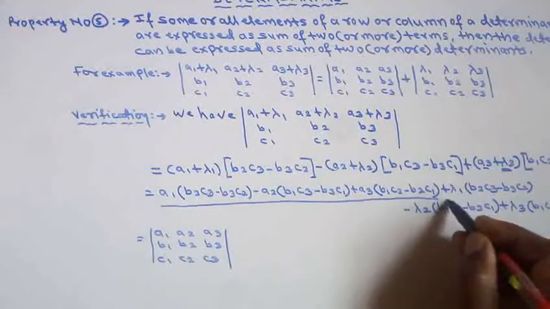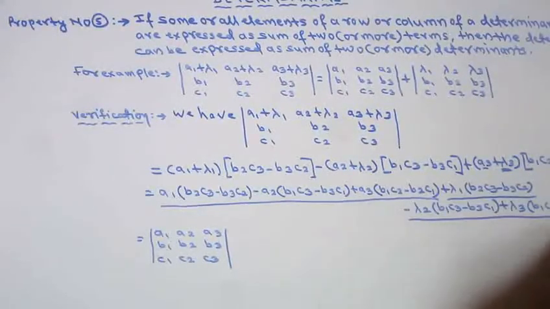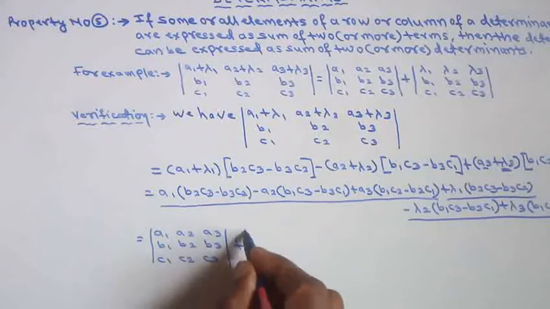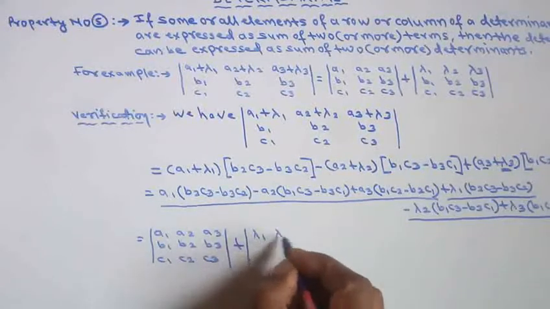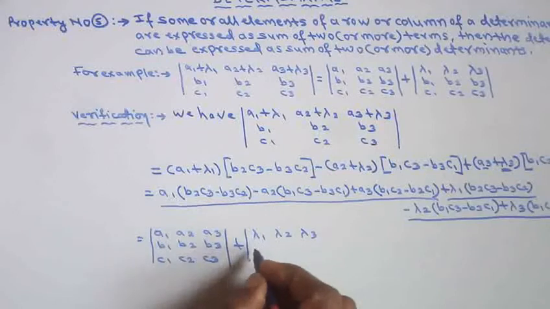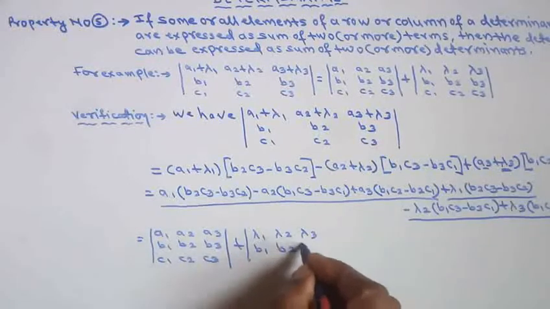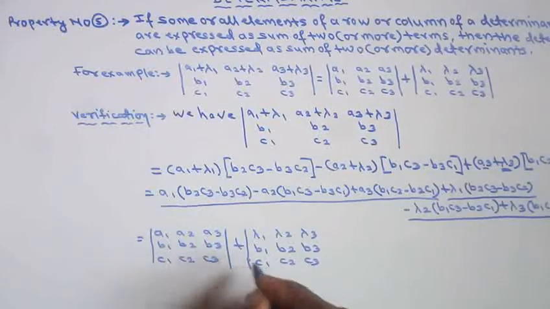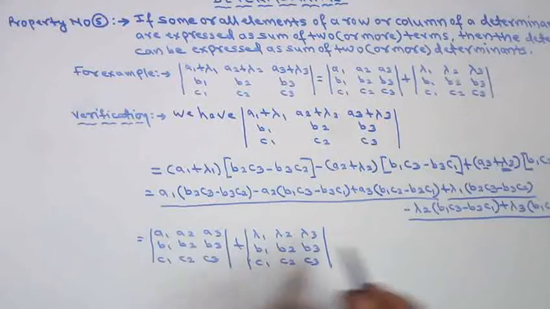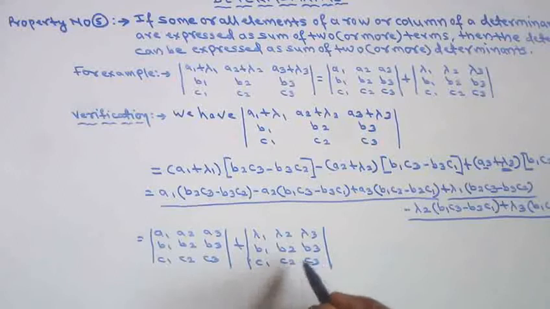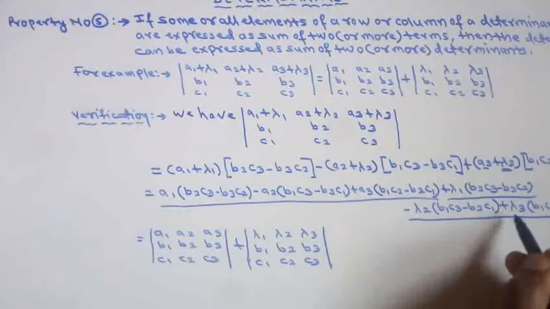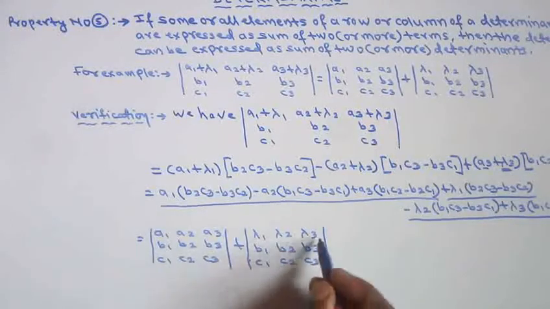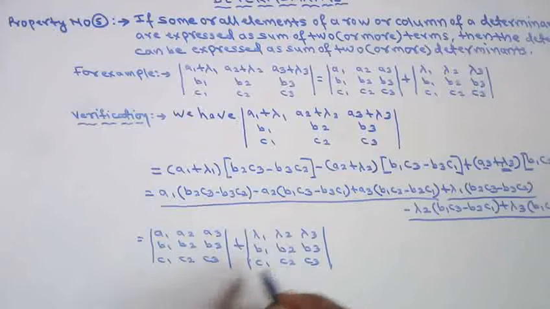Similarly, this expansion is of the determinant lambda 1, lambda 2, lambda 3, B1, B2, B3, C1, C2, C3. See here, lambda 1 into B2 C3 minus B3 C2, then minus lambda 2 into B1 C3 minus B3 C1 plus lambda 3 into B1 C2 minus B2 C1.